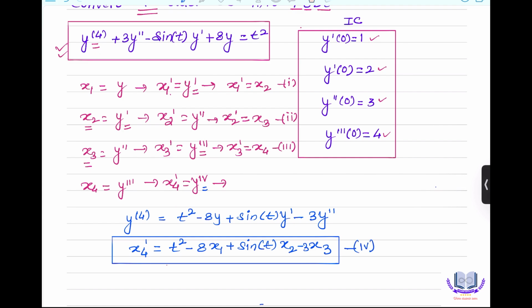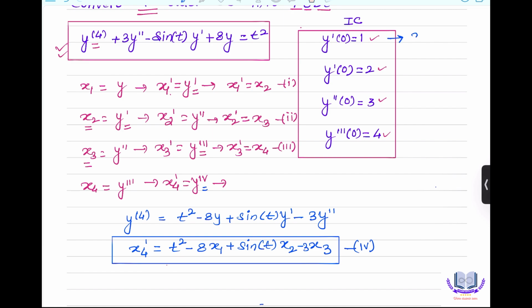Okay. So how can we get the system of equations? Now in the first part, guys, we have to convert the equations, and in the second part you have to convert the initial conditions.